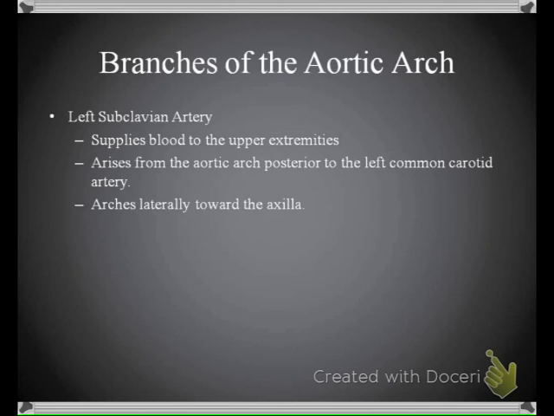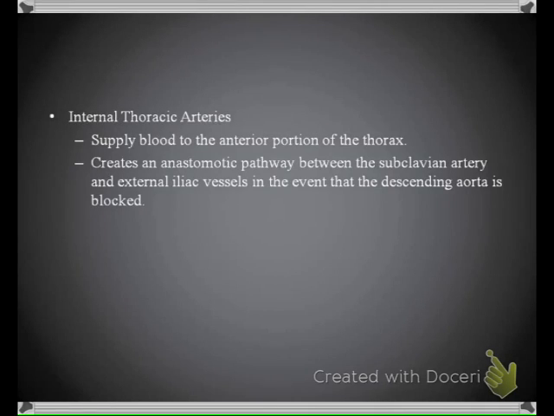The left subclavian artery supplies blood to the upper extremities and arises from the aortic arch posterior to the left common carotid artery. It arches laterally toward the axilla. The internal thoracic arteries supply blood to the anterior portion of the thorax and create an anastomotic pathway between the subclavian artery and the external iliac vessels in the event that the descending aorta is blocked.